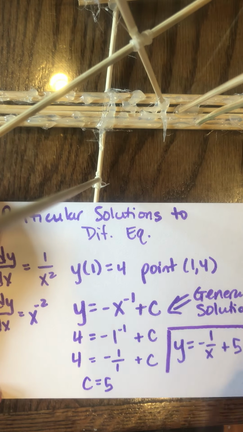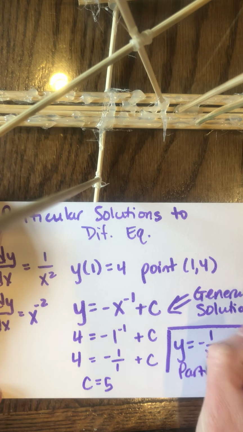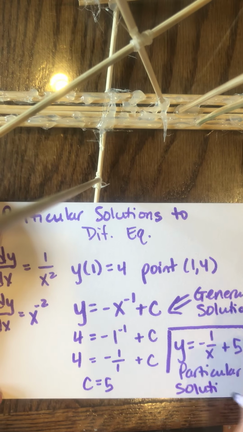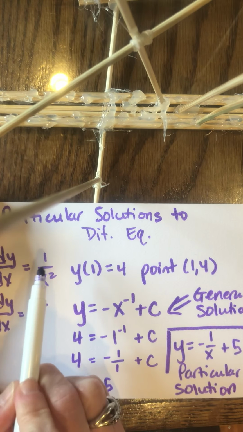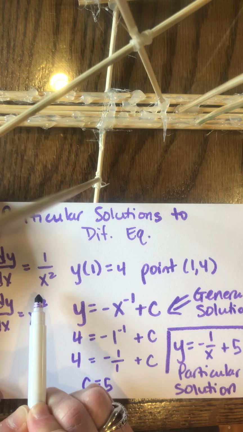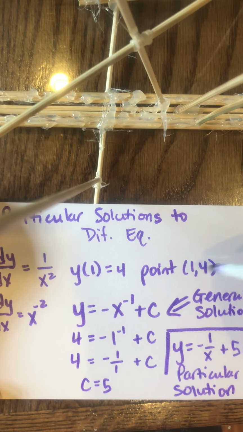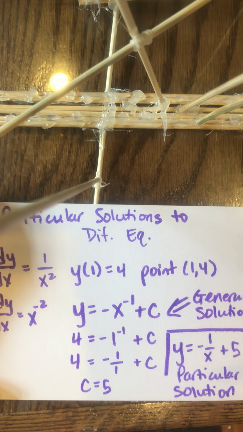This is the particular solution that we were looking for. It is a function whose derivative is 1 over x squared, and it also passes through the point (1, 4).